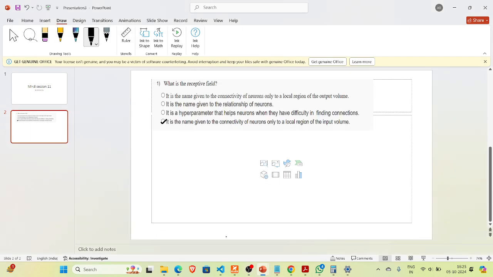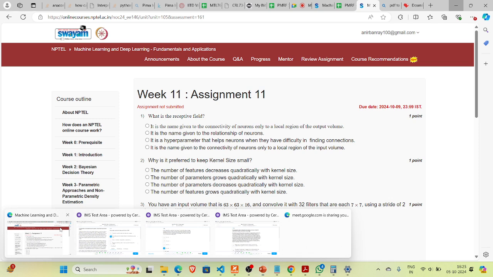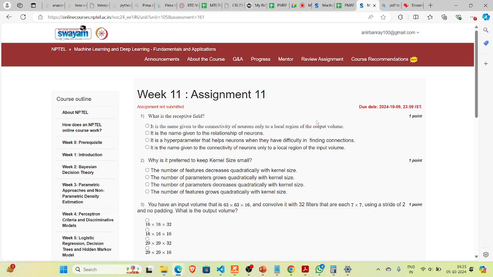Continuing, next we have: why is it preferred to keep the kernel size small?